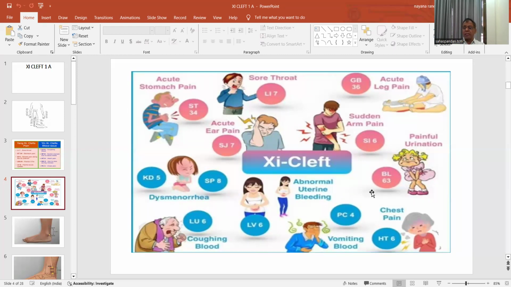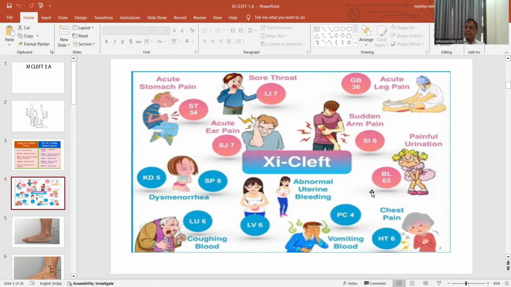it is used for sciatica pain on the lateral side of the leg, and also combine one more point, bladder 62.